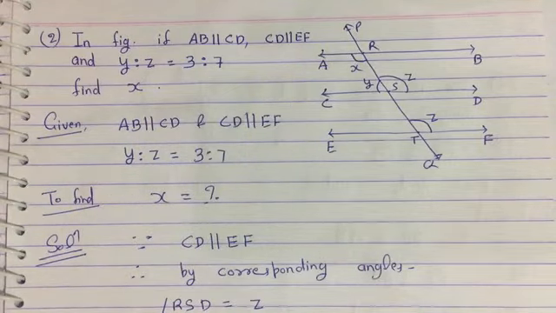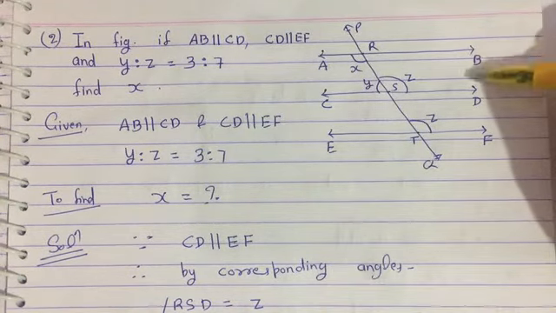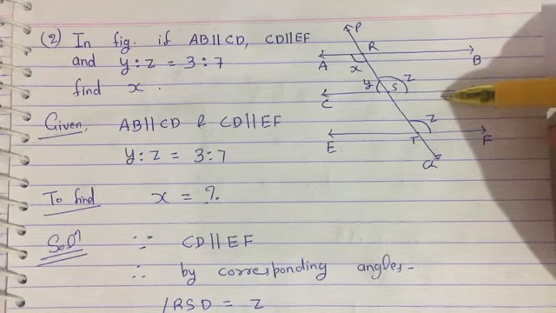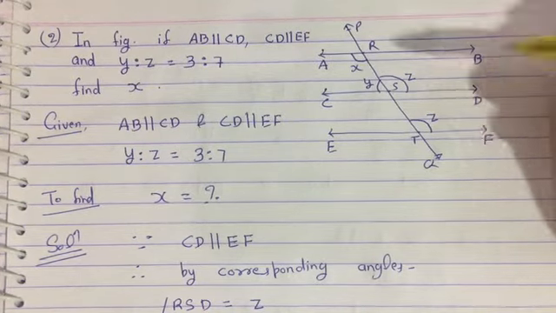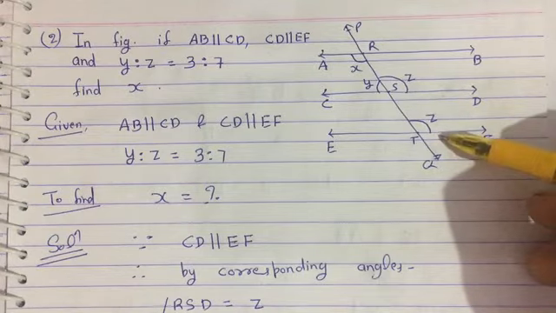As I said to you earlier, understanding the figure is very important to solve the questions of this chapter. So first of all, we are going to discuss the figure. Here it is given that lines AB and CD are parallel to each other, and CD and EF are also parallel to each other.